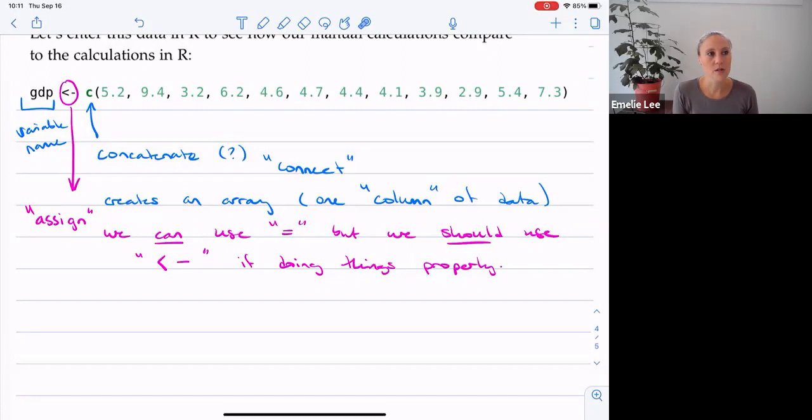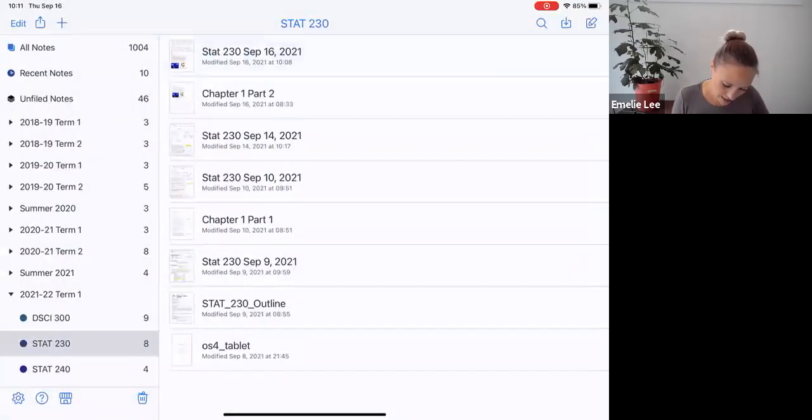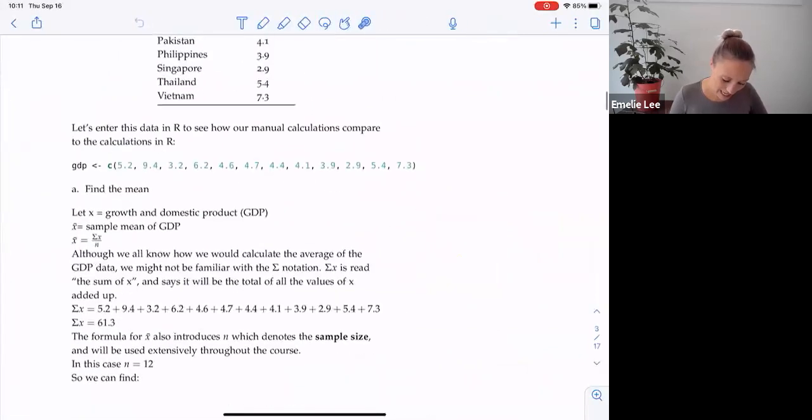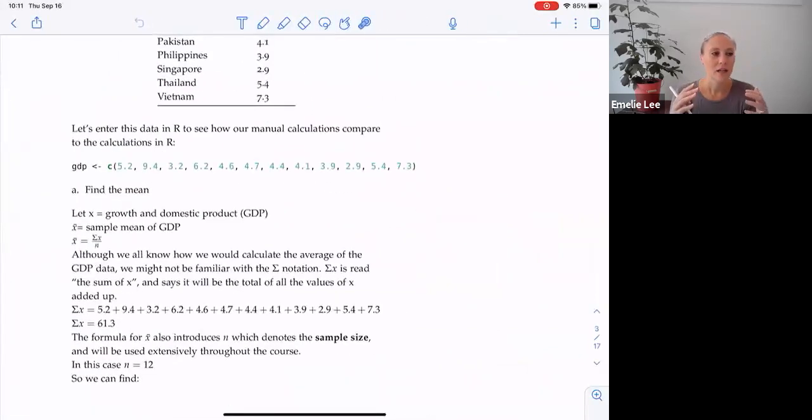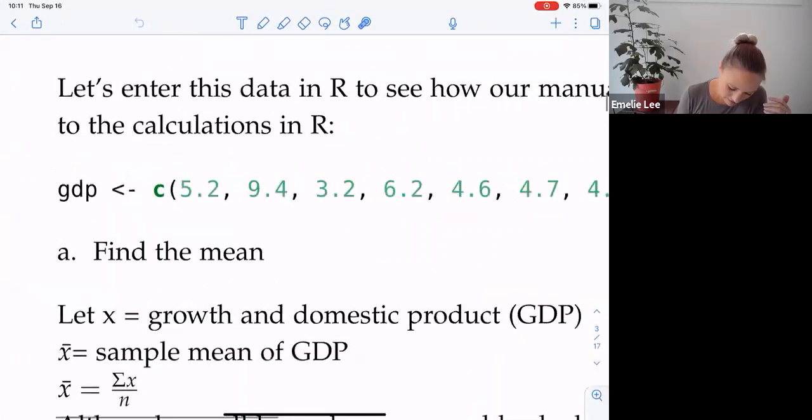Okay, more about the frustrations of R later, but for now, this is how you would enter this little bit of code. Now that we have that entered in R, notice how the font here is slightly different.